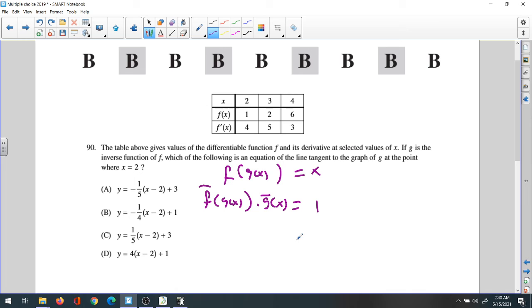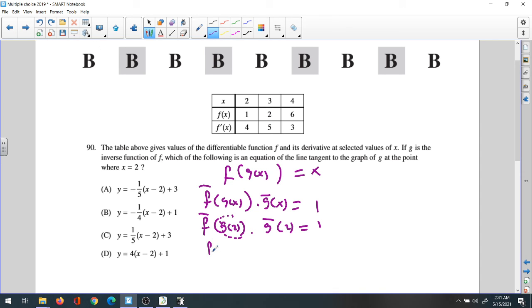Now we substitute. So f prime of g of 2, since the given x is 2, times g prime of 2 equals 1. We can simplify that: g of 2 is 3.